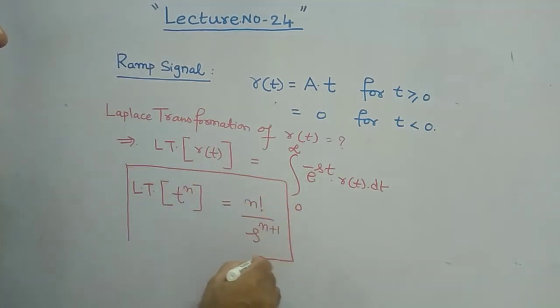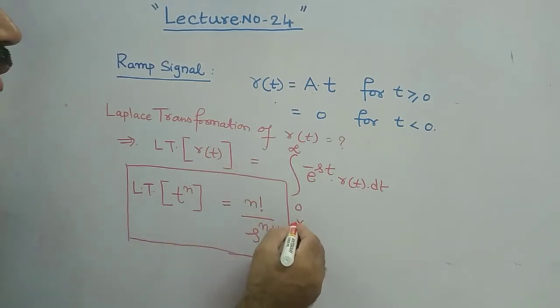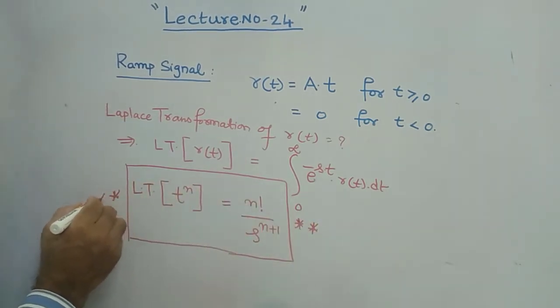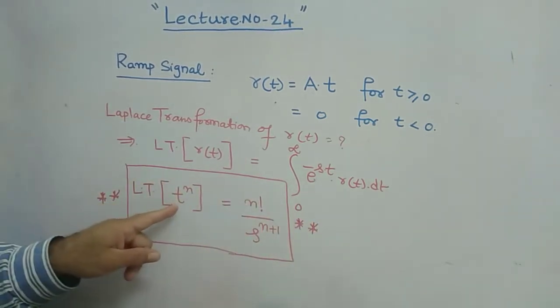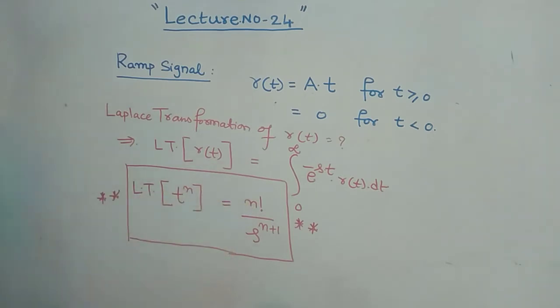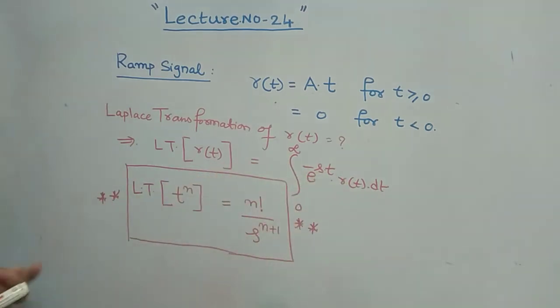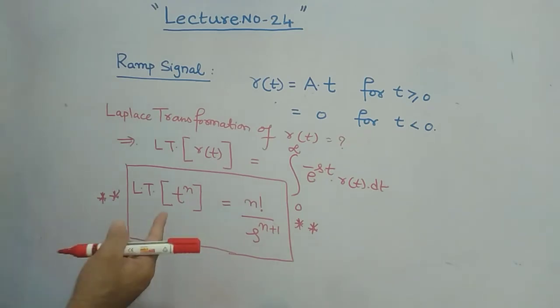Please remember, this is a very, very important property of a Laplace transformation. Here you need not remember all the standard definitions of Laplace transformation. In fact, in competitive examinations, they will not ask you about the standard definition. Very rarely they may ask, but most of the time you will be asked a problem.